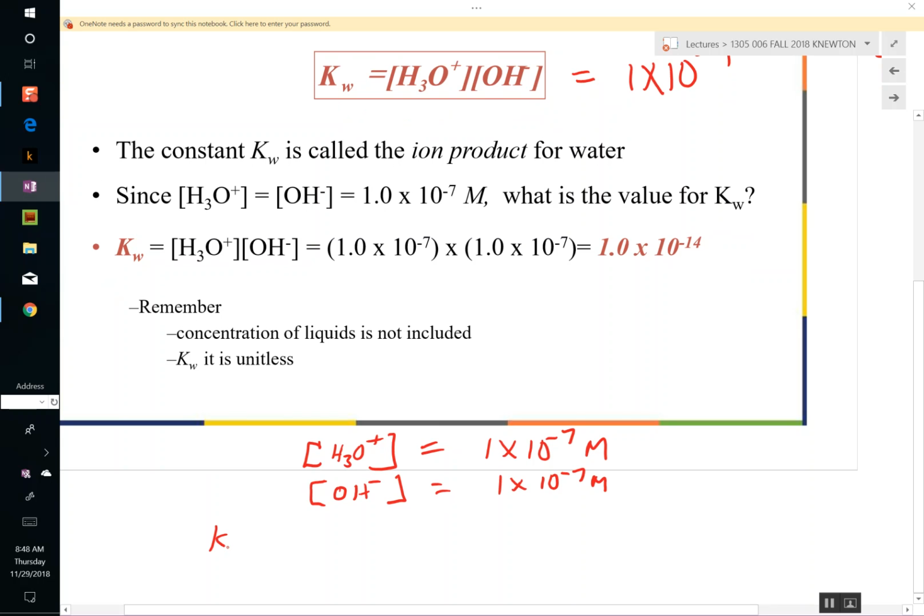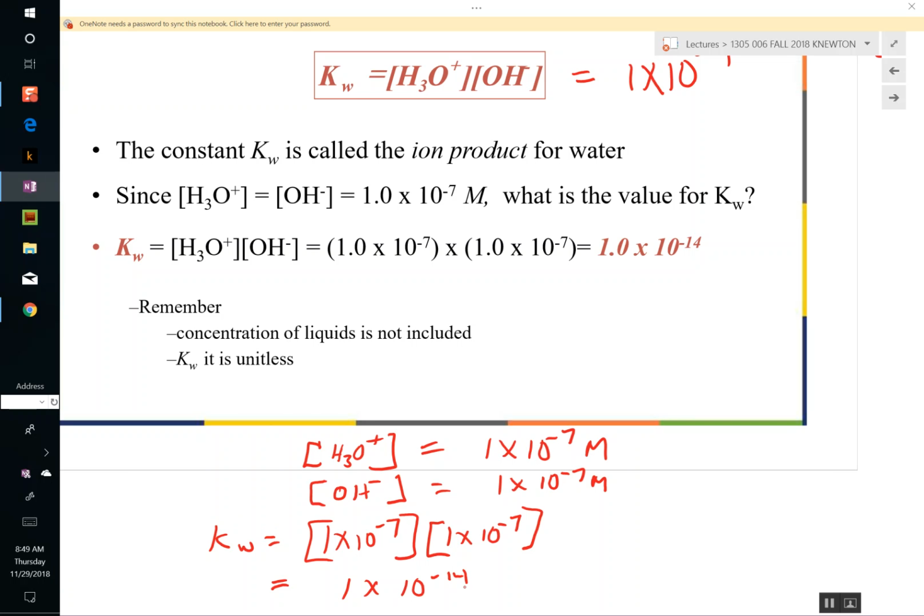So then Kw, the product of this is going to be 1 times 10 to the minus 7th times 1 times 10 to the minus 7th. All right? And when you have 2 numbers with the same base number, you just add those exponents, right? And you end up with 1 times 10 to the minus 14th. That's where that number is coming from.